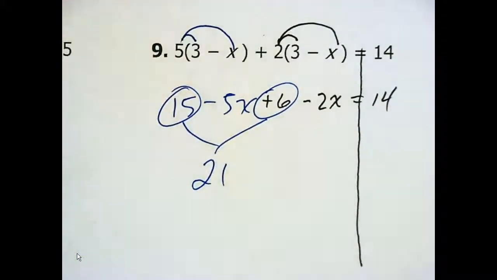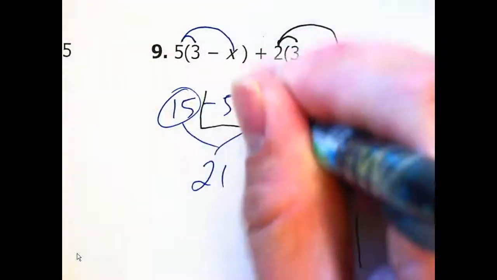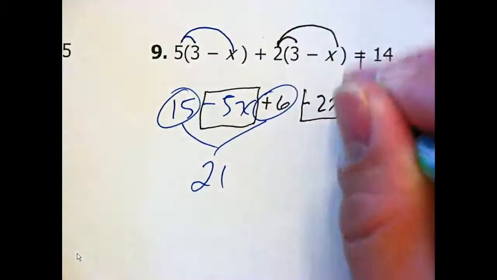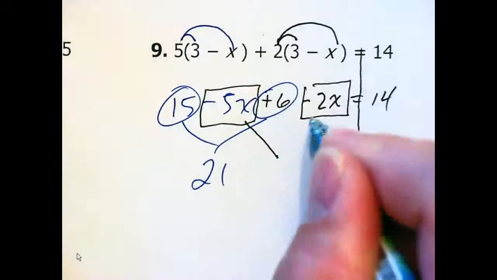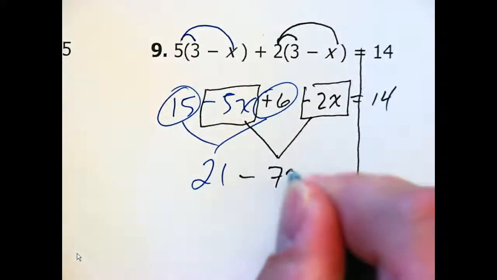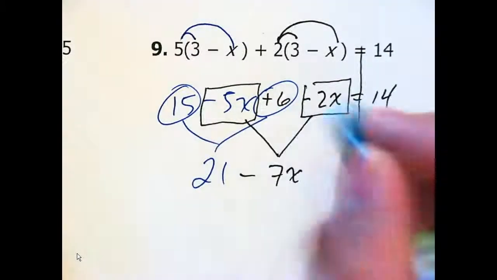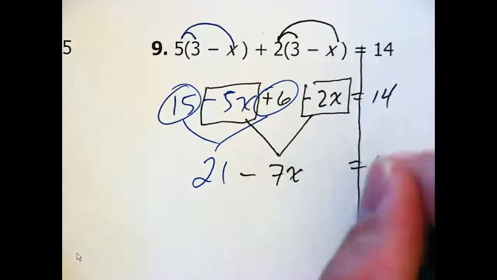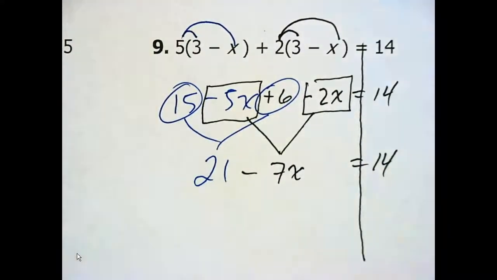And now what? Yes. Subtract 2x from the 5x. Brady, what'd you get there? I got negative 7x. Negative 7x. Notice now I circled those like terms, and then I boxed those. Just help me out. Equals 14. Now what?